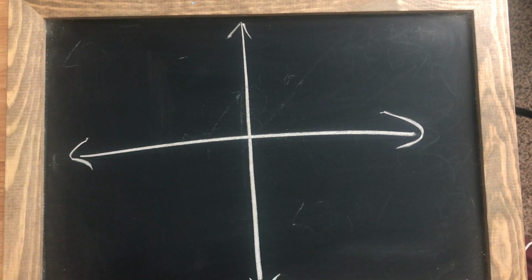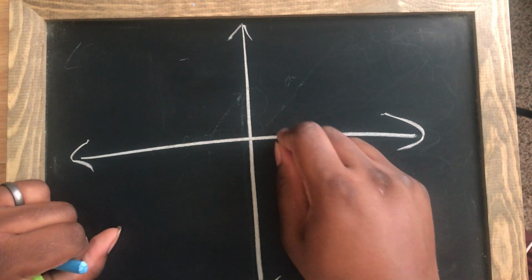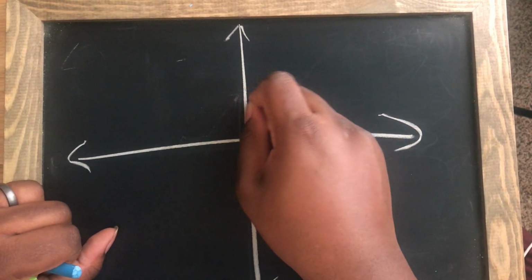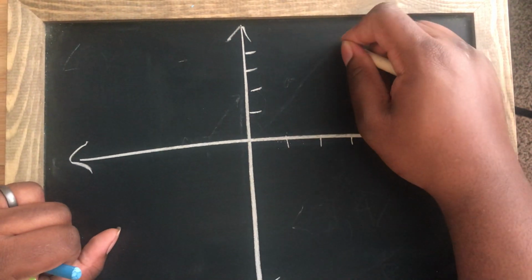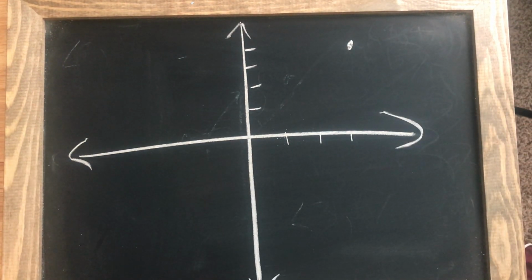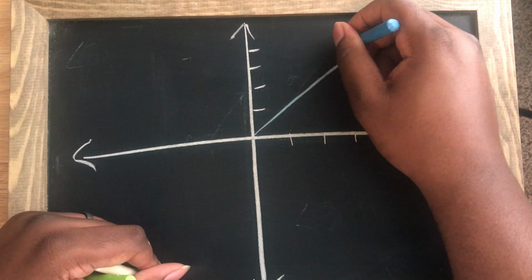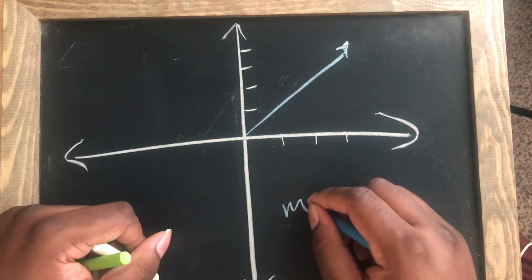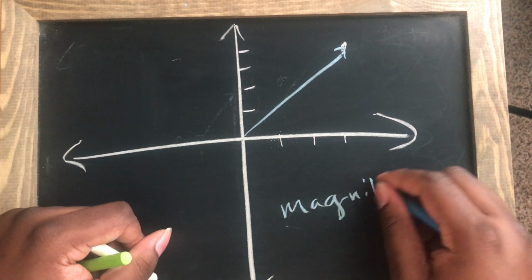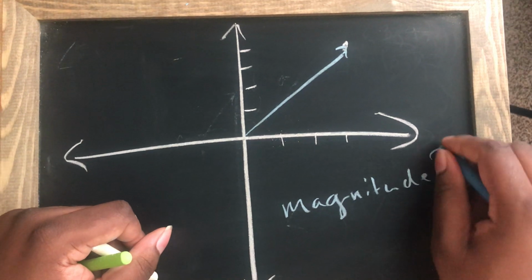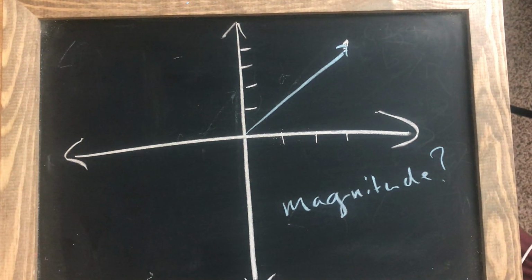Let's just look at it for a second. And this is my vector right here. What's the magnitude? Before I solve it, I'm going to give you about 5 seconds to figure it out.